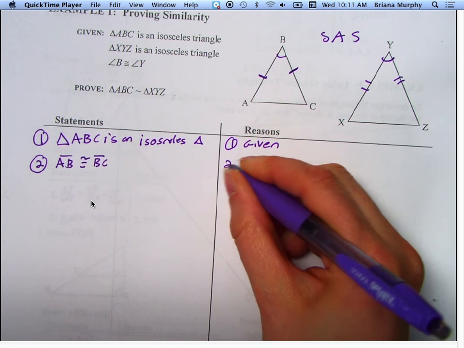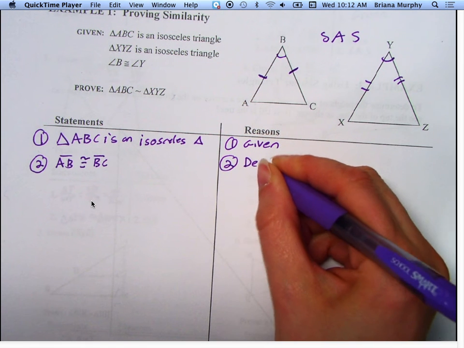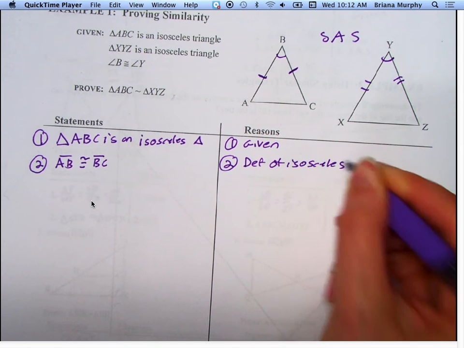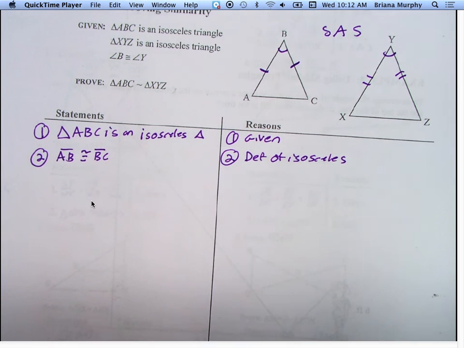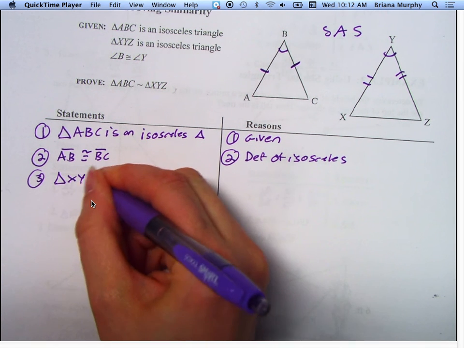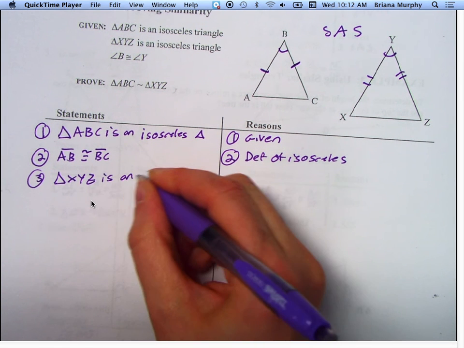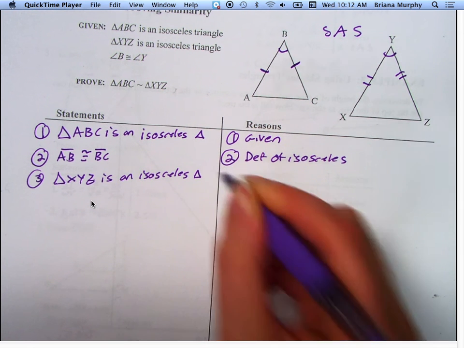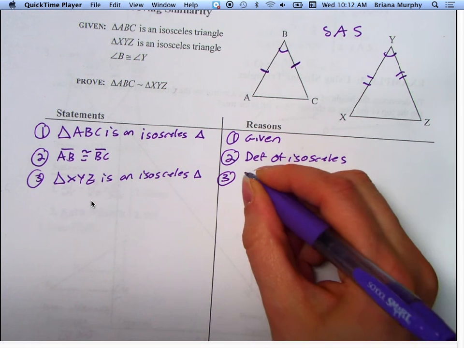And this is by definition of isosceles. Okay. Step 3 is my next given. Triangle XYZ is an isosceles triangle. And this is by given.